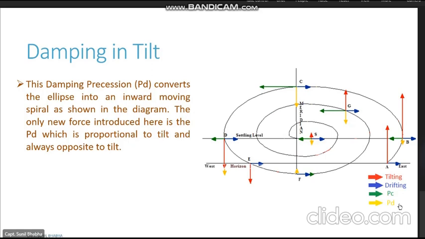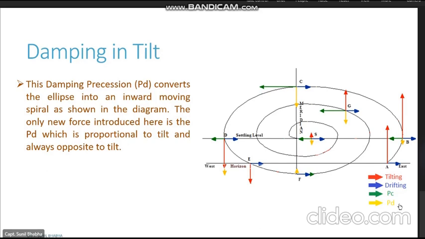Now in this diagram, you see four total forces are there, which we just now discussed. That is tilting, drifting, control precession and damping precession. So we have added only one new force here, which is the damping precession.